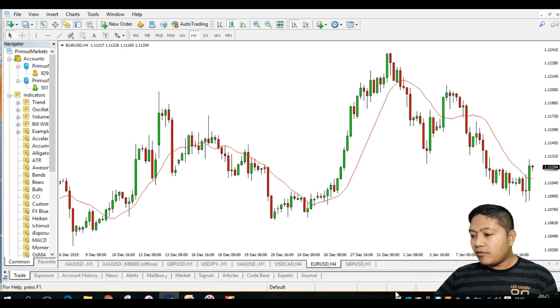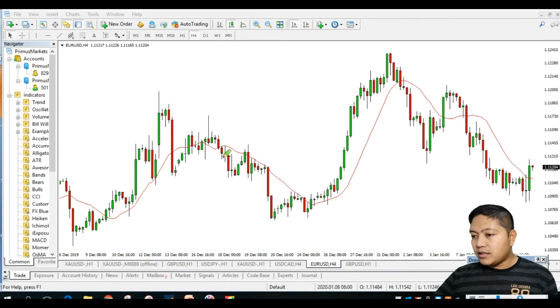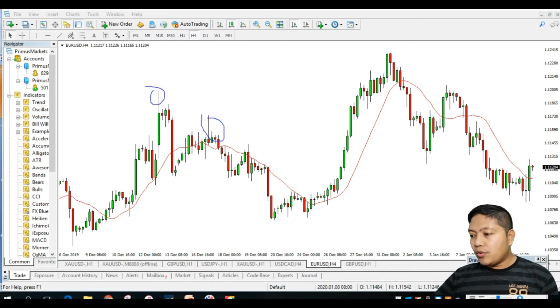If you can see over here, this is the previous high here. That is the high, and then the next pin bar is this. So there is a possibility that the market is turning back in reversal, right? You can verify that by this type of trading.